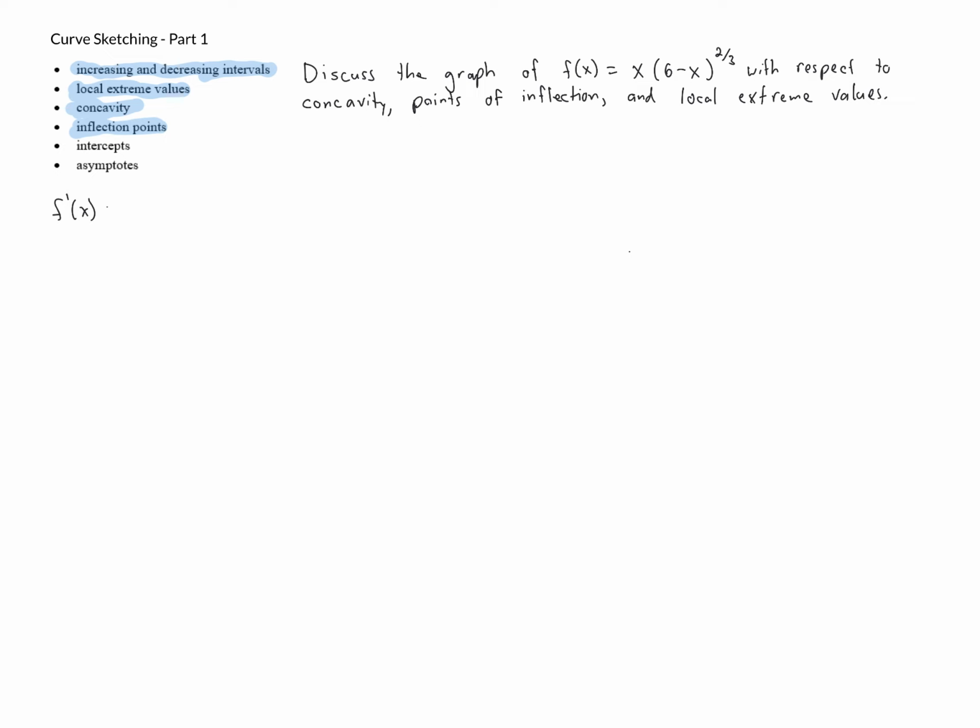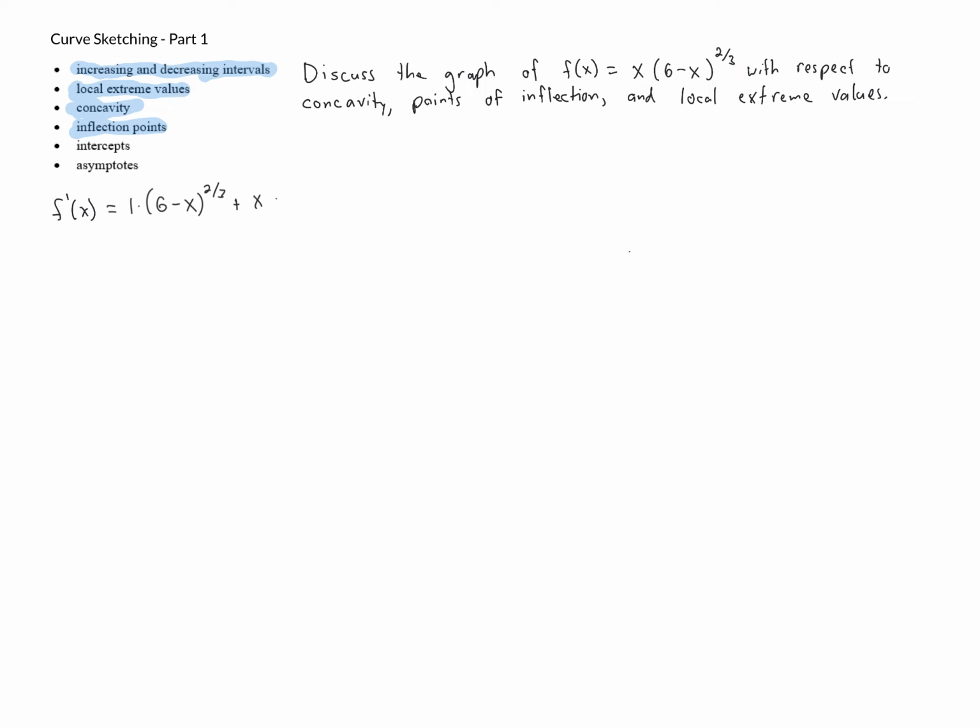So we take the derivative of the first function, the derivative of x is 1, times the second function, (6 minus x) to the 2/3 power, plus the first function, which in this case is x, times the derivative of the second function. And this is a composition of functions, so we have to use the chain rule.